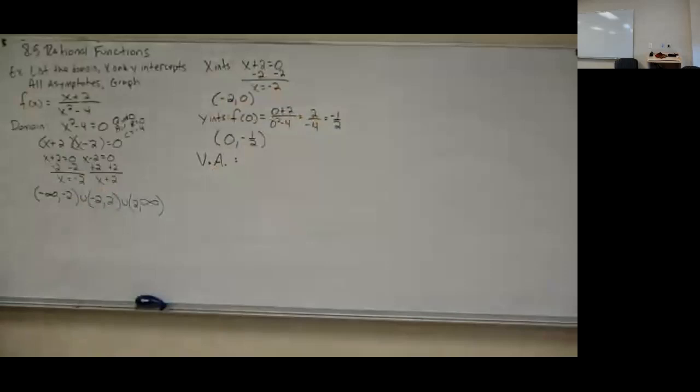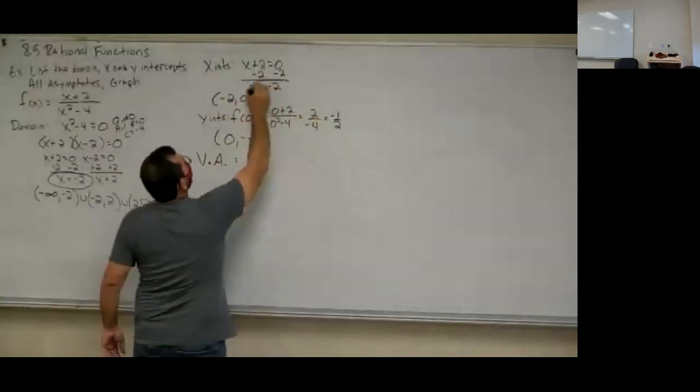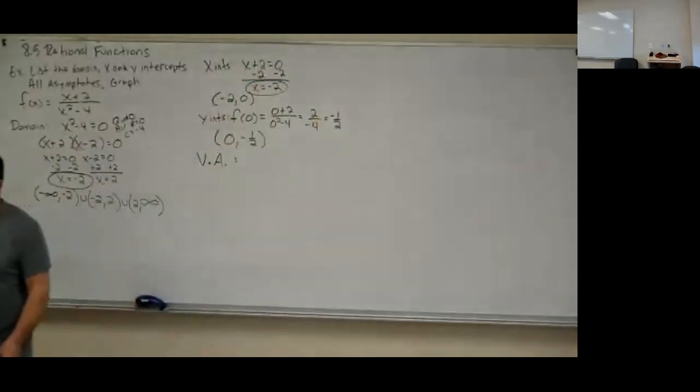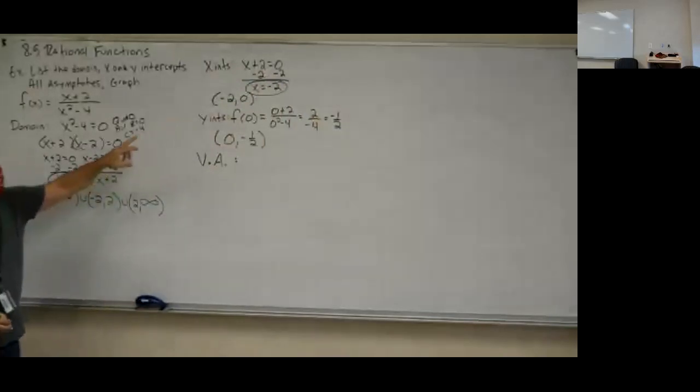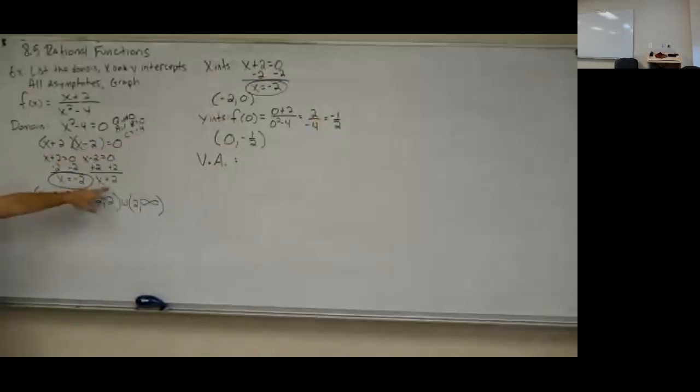So what I'm looking at, I have x equals -2 on the bottom. On the top, I had x equals -2. So basically, those factors cancel each other out. So the only vertical asymptote is going to be at, oh, that should have been an equals.